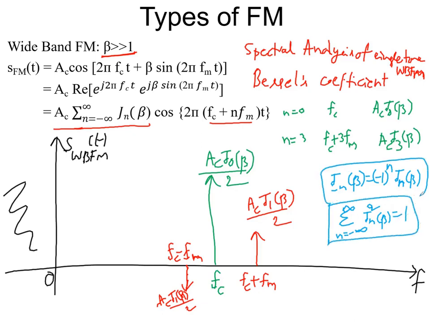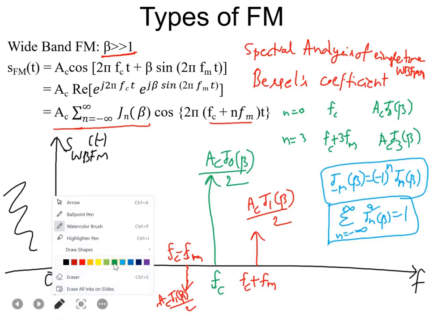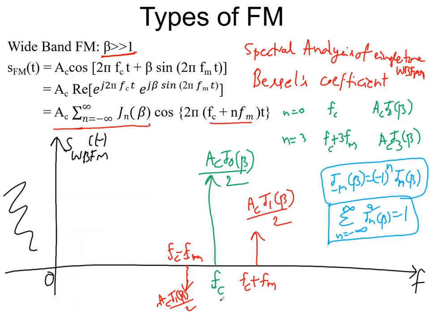From J minus n(beta) is minus 1 power n Jn(beta), if you observe the third term, for suppose Fc plus 2Fm, then obviously you will have it at Fc plus 2Fm here. Here also you will have, why I am representing on the positive side, I will let you know. The amplitude will become equivalent to how much? Ac J2(beta) or J minus 2(beta). Why?